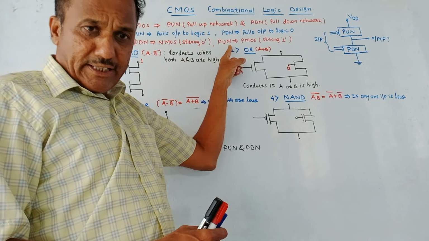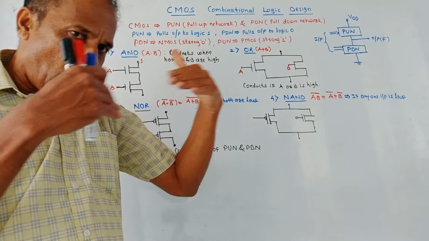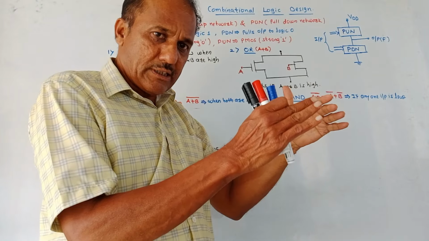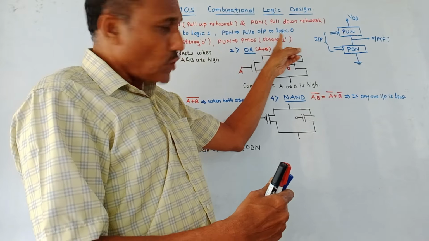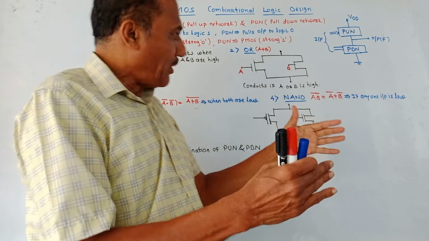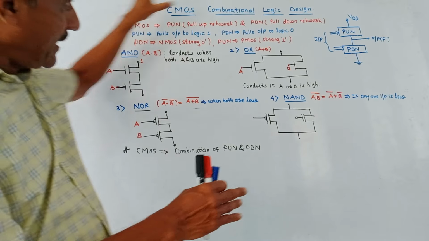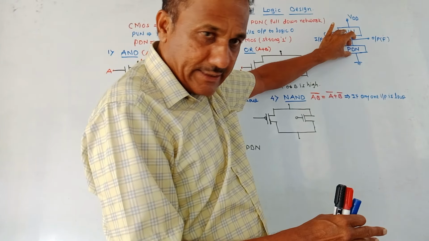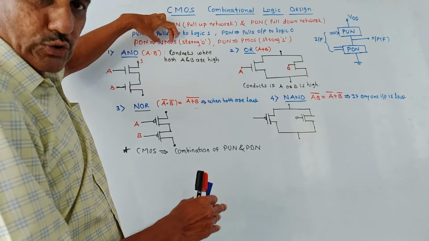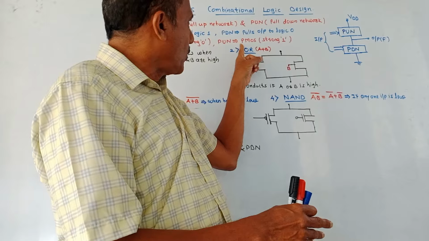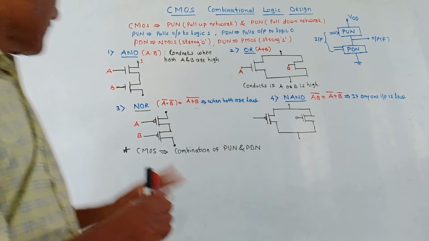Then for PUN, that is the pull up network, we want to make the output high. So PMOS are used because PMOS produces a strong one compared to the NMOS. तो ऐसे याद रखना है. PDN डिजाइन करना है, मतलब ये अब लोअर पार्ट सर्किट का डिजाइन करना है तो NMOS यूज करेंगे. PUN, that is upper part, if you want to design, then make use of PMOS transistors.